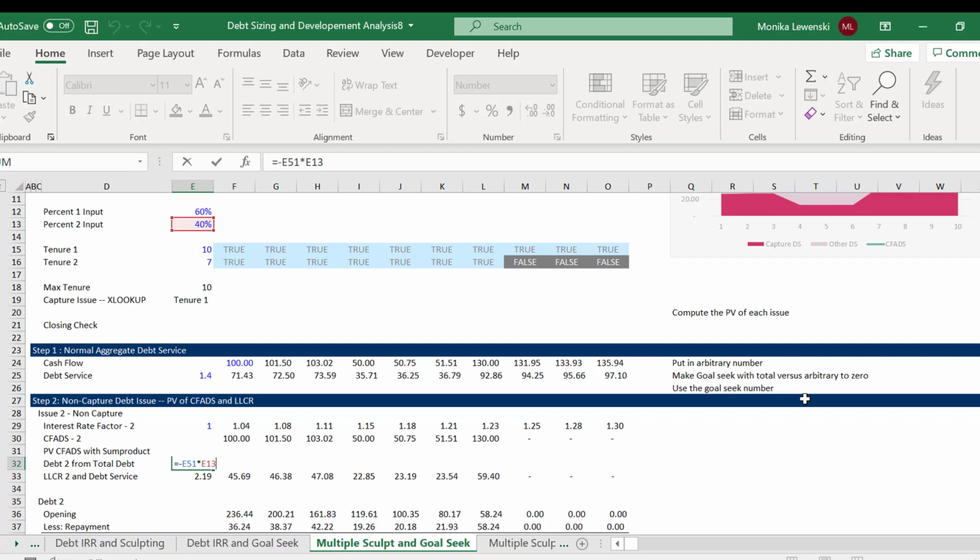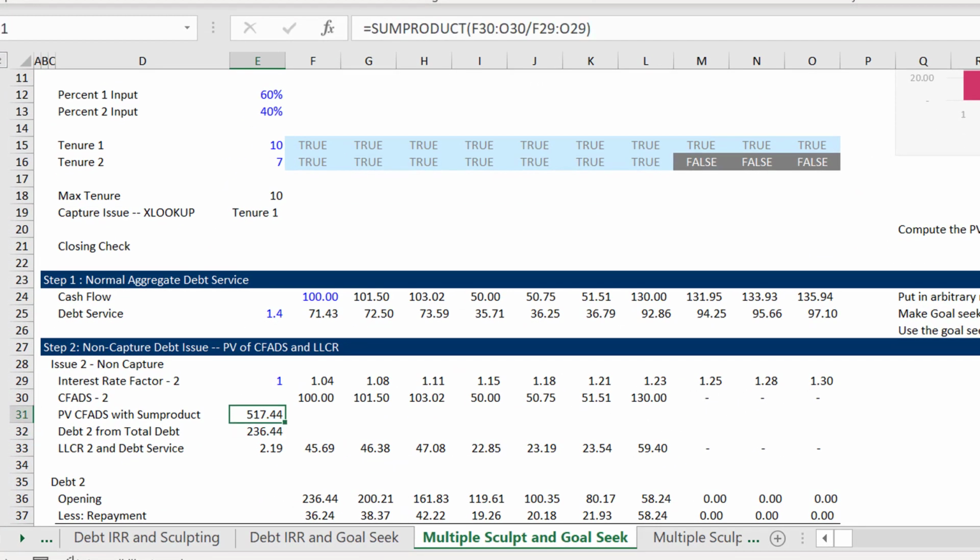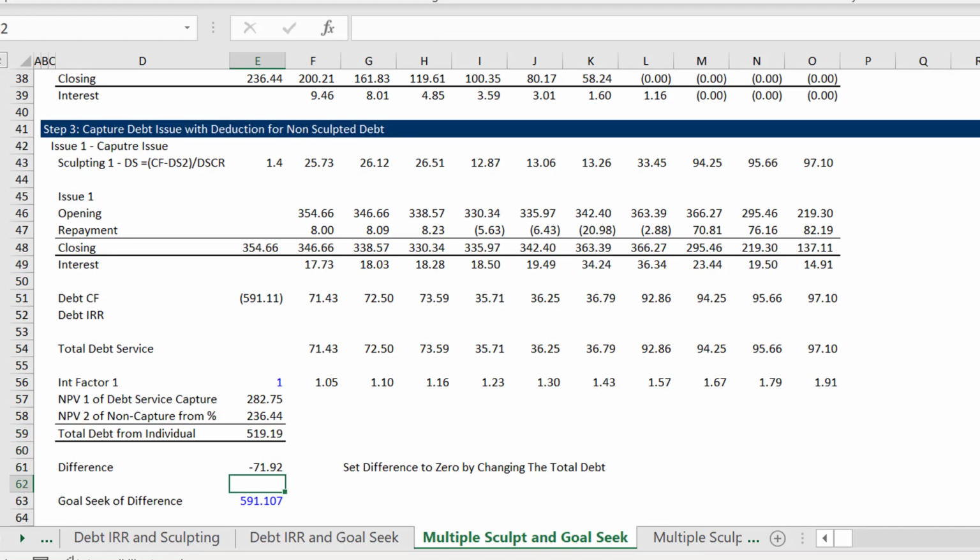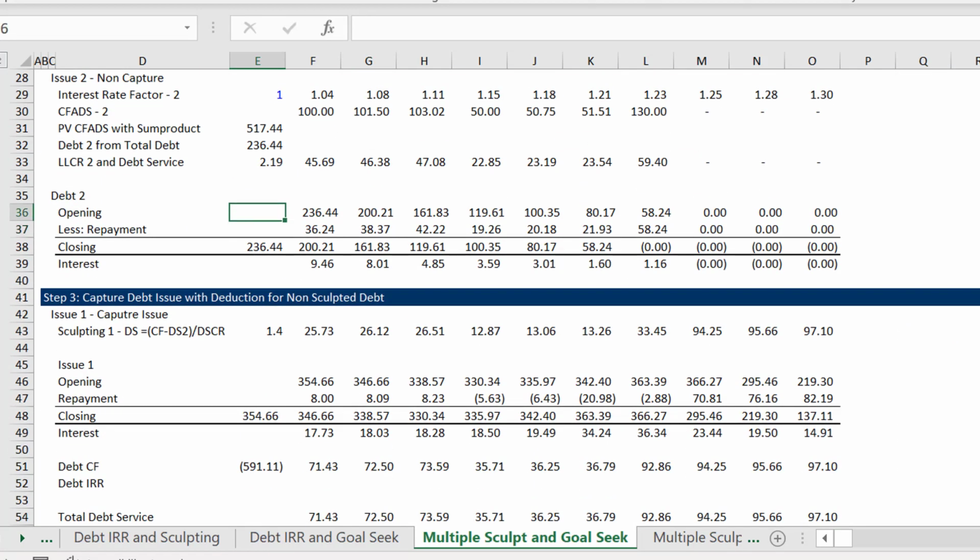If we could get the total debt, and we don't know the total debt yet because that depends on issue number 1. But if we could get this total amount of debt, and I think perhaps this total amount of debt is all the way, let's see where it is, just a minute. Oh, I got it from here.